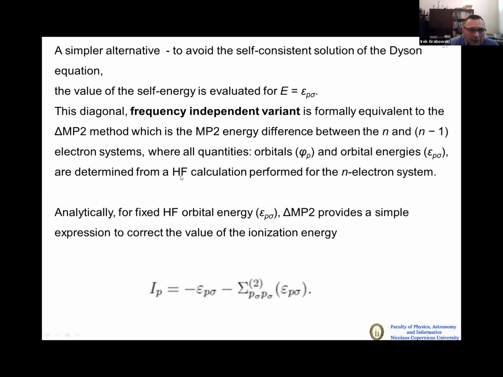This procedure is equivalent to the delta MP2 method, which, in contrast to delta dash MP2, is an energy difference between the n-1 electron system, but all quantities were calculated for the n electron system.